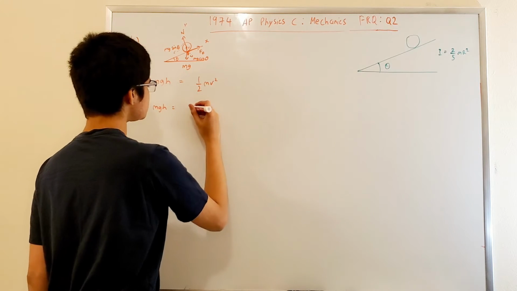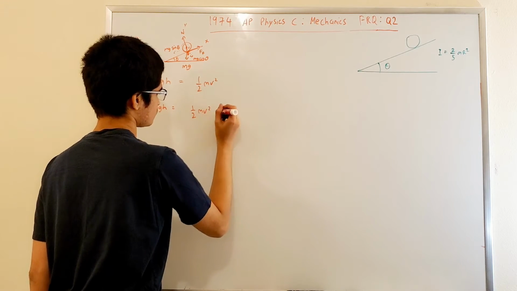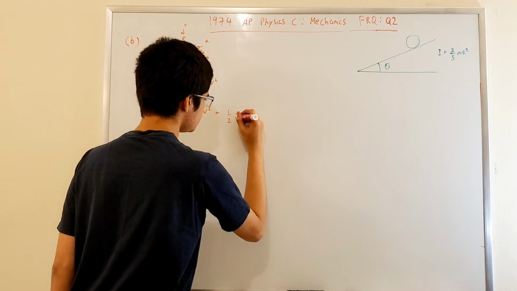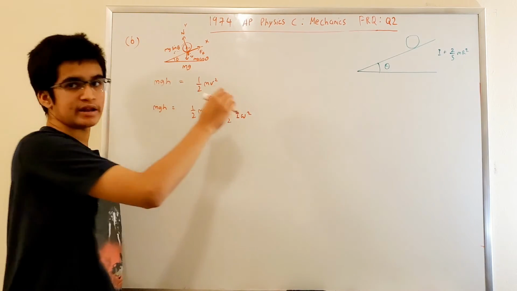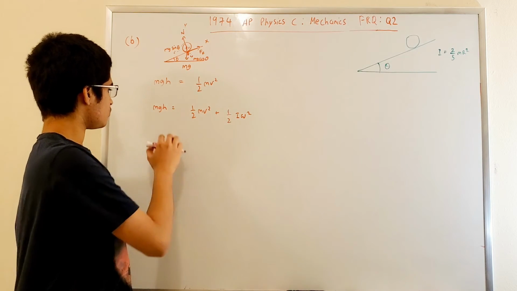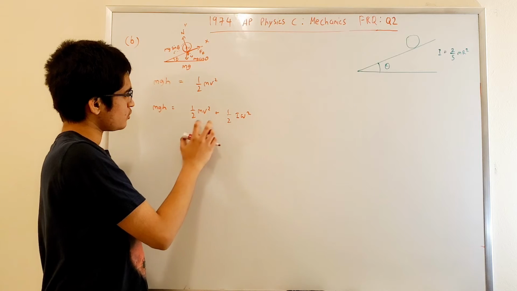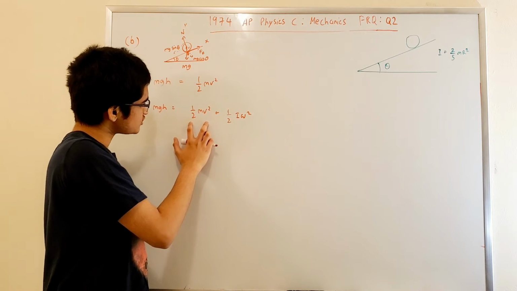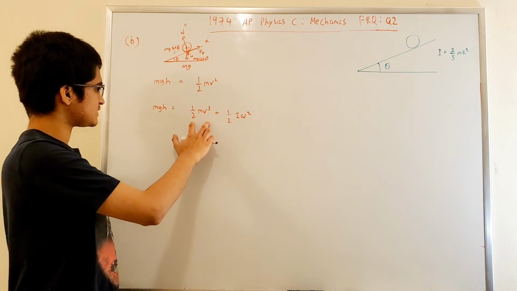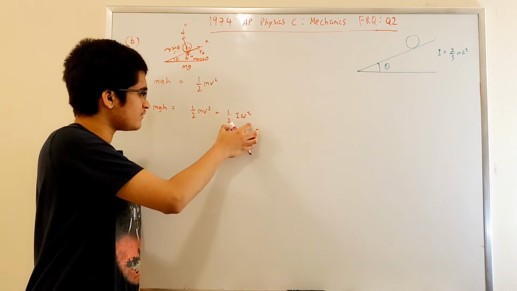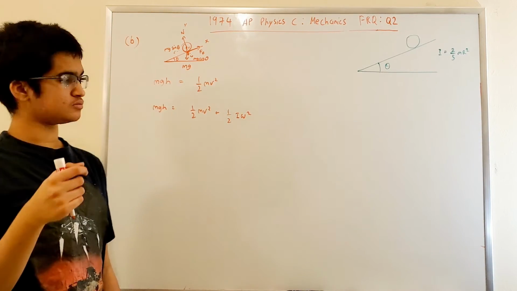our mgh is going to be converted both into linear kinetic energy and rotational kinetic energy. In this situation, the potential energy can give much less energy to the linear part because it also needs to give energy for the rotation.